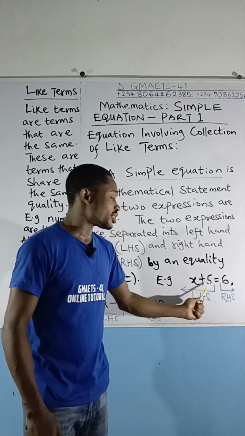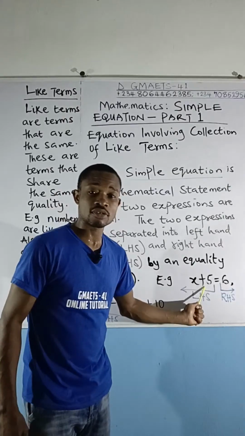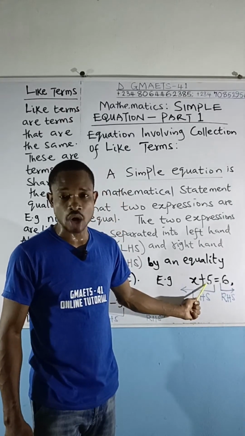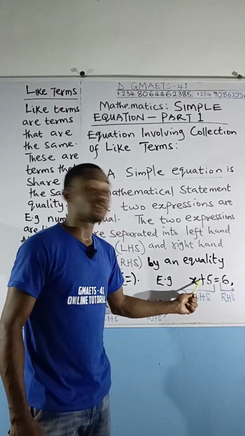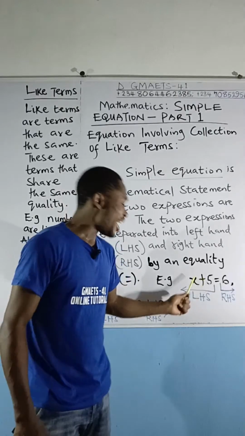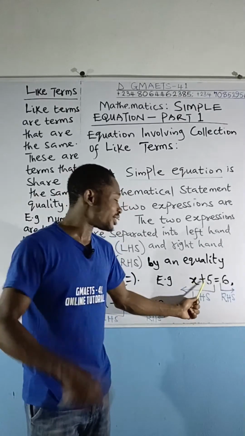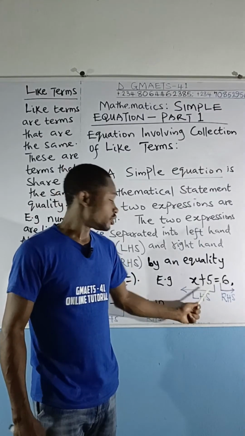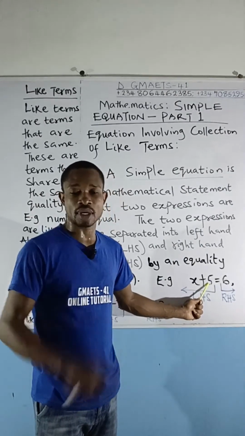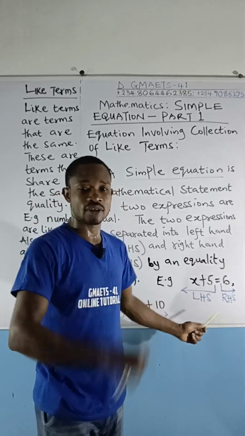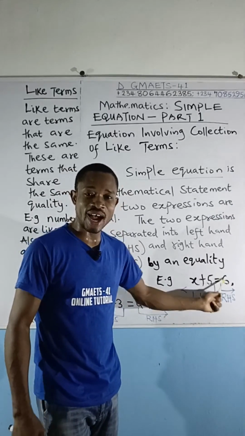Between this X and this 5, you have plus. So this X is not attached to this 5. If the sign were minus, the X again is not attached to 5. So this 5 here is a pure number. This 6 is also a pure number because there is no alphabet attached to them.